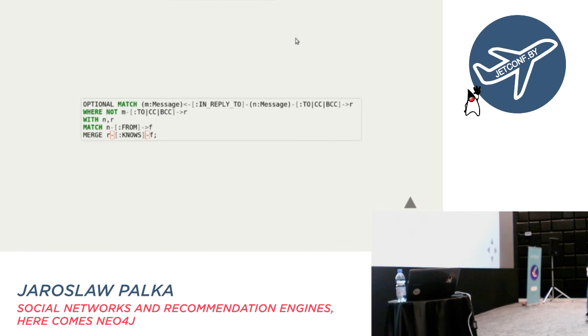So this one. Why merge? The trick is that you will have many emails between people. So if I do create, I will have as many relationships as emails people send, because every time I match, I will create a relationship. Merge basically says, create a new relationship only if it doesn't exist.